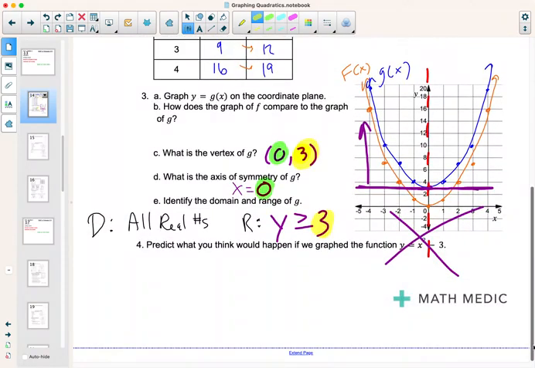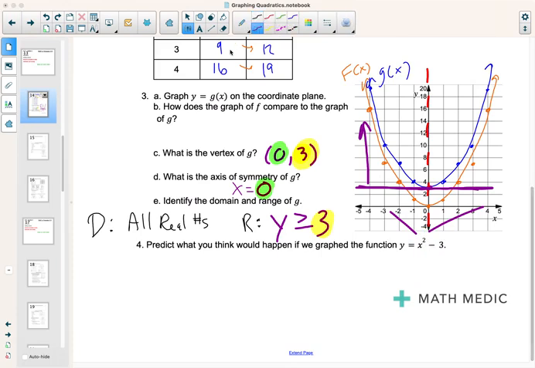Predict what you think would happen if we graph the function y equals x squared minus 3. Let's look at our g of x here. Didn't this thing go up 3? And g of x was x squared plus 3. Makes sense. Plus 3, up 3. Well, what do we think a minus 3 is going to do?